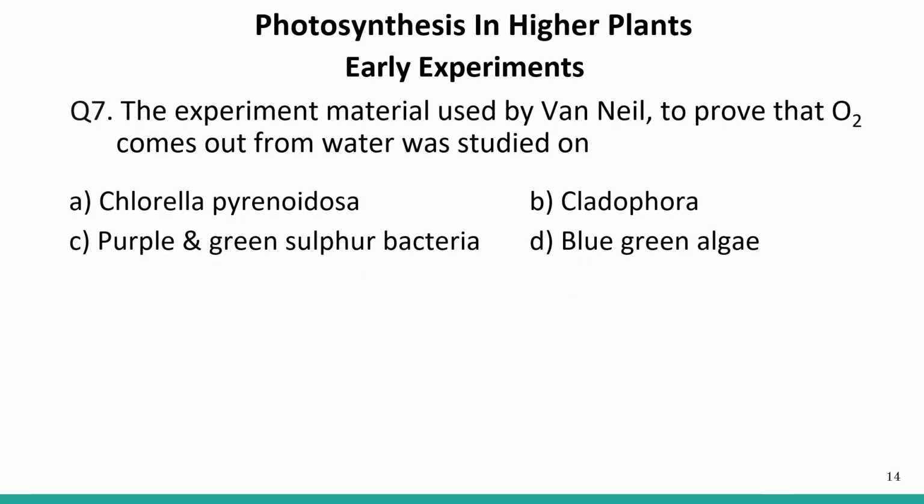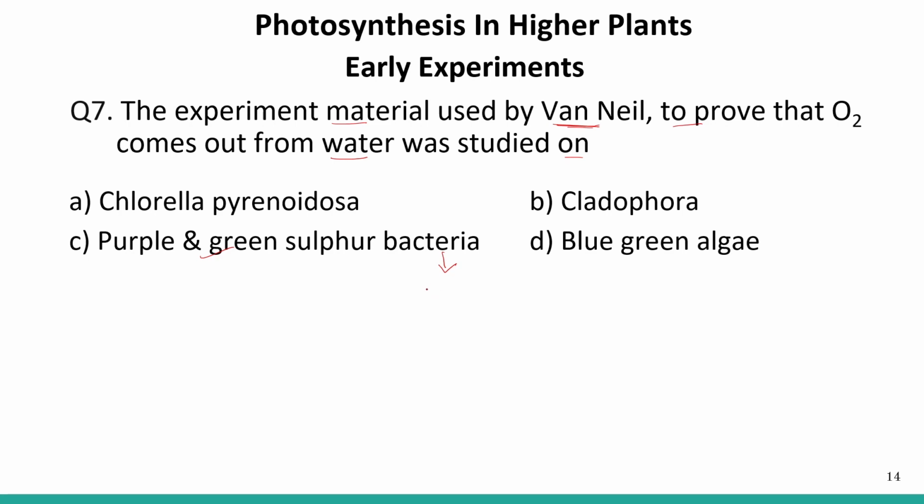Now coming to the next question, which is the experiment material used by Van Niel to prove that oxygen comes out from water was studied on. So what was Van Niel's experiment? He was working on purple and green sulfur bacteria. Alright. So what did Van Niel show?